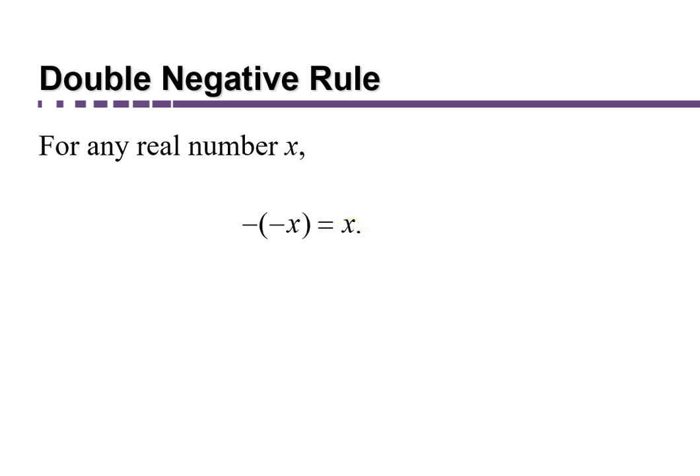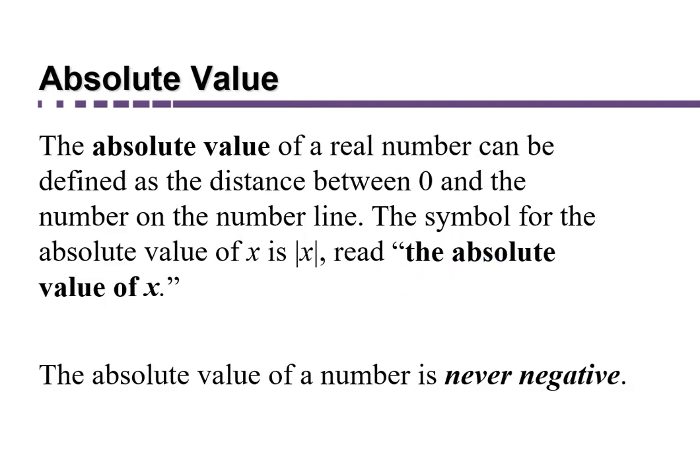Again, as part of our definition of integers, the opposite of a number is what would make it 0. So the opposite of a negative makes it a positive. This is the double negative rule. You may have heard the expression, two negatives make a positive. And that's what this is.